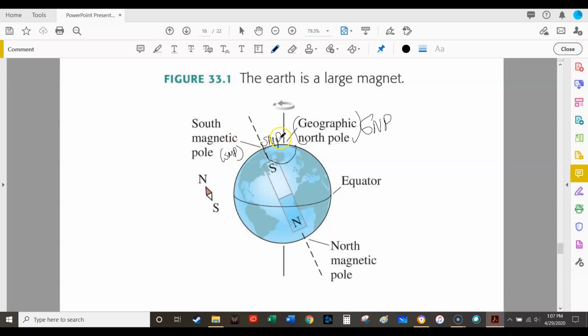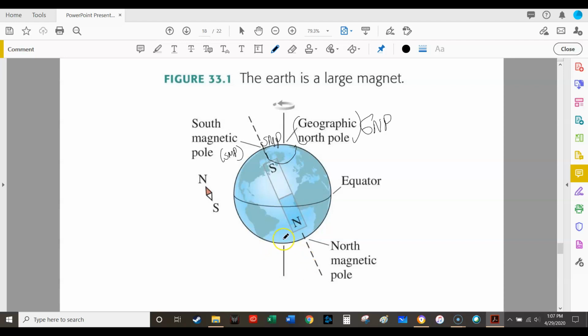But that's what we call geographic north. Okay? So this whole time that you've been holding a compass and walking north, you're walking geographic north, but that's actually polar magnetic pole south, or south magnetic pole. Okay?